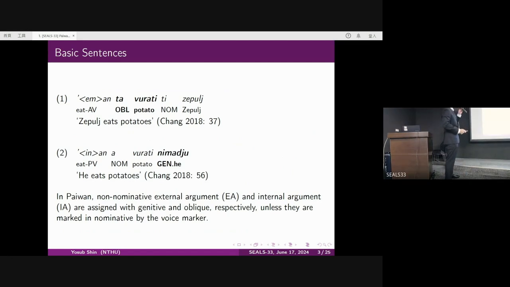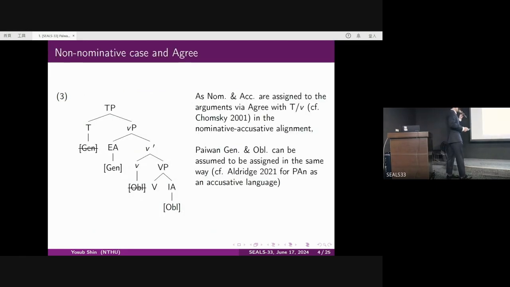And I think we can understand these genitive and oblique cases as cases that are assigned by the T head and the small v head, respectively, to the external arguments and to the internal arguments, via the traditional and standard Agree operation that we usually assume in the standard version of the minimalist program, just like in the case of the English nominative case and the accusative case that are assigned exactly the same way. So this is the first assumption that I would like to make.